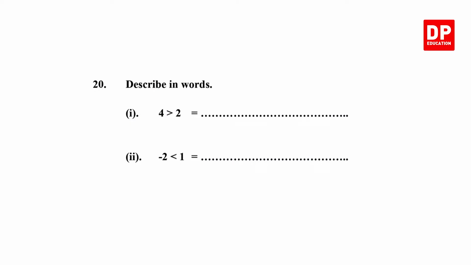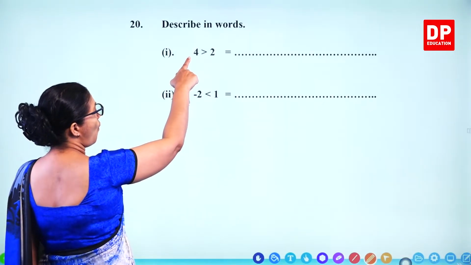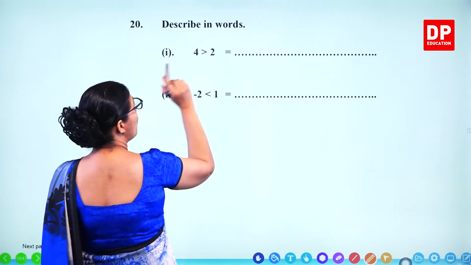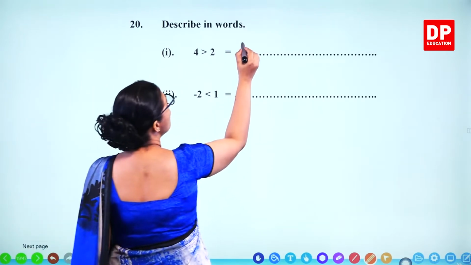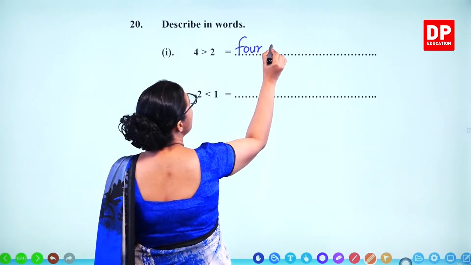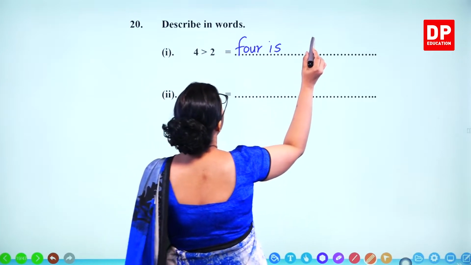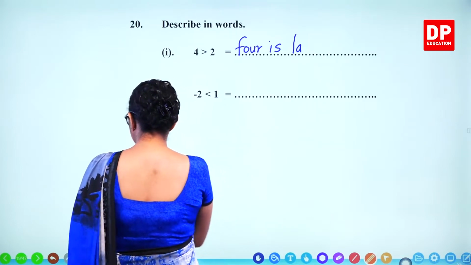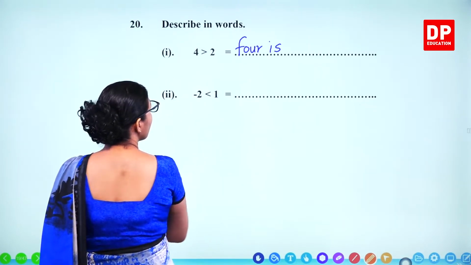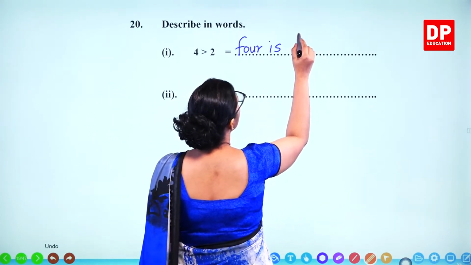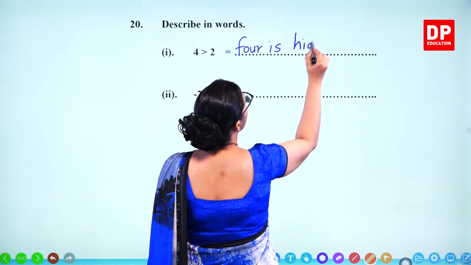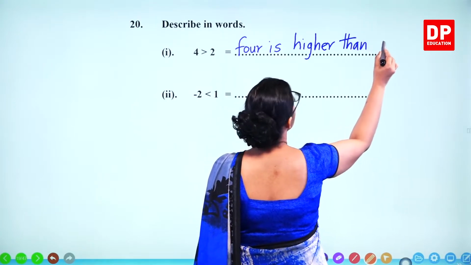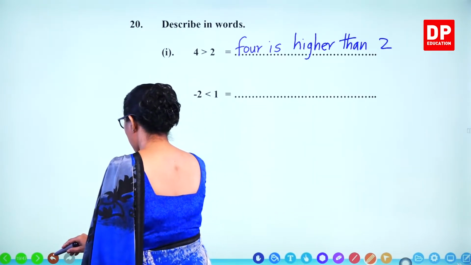Describe in words. How can we write? 4 is greater than 2. Crocodile mouth opens at 4. That means that's bigger. 4 is larger or higher than 2. 2 we'll write in words.